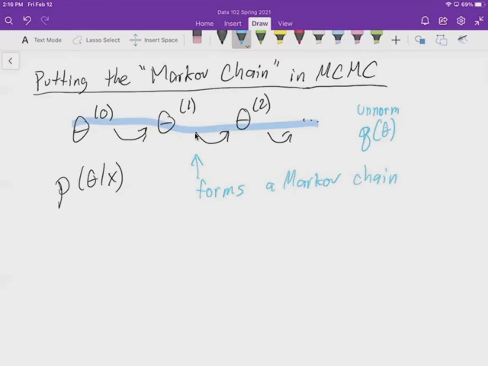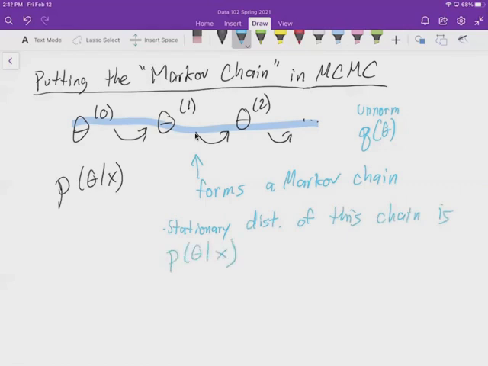It's useful because it turns out that with Metropolis Hastings or Gibbs sampling, the stationary distribution of this Markov chain, so theory tells us, is the actual distribution that we're interested in sampling from.